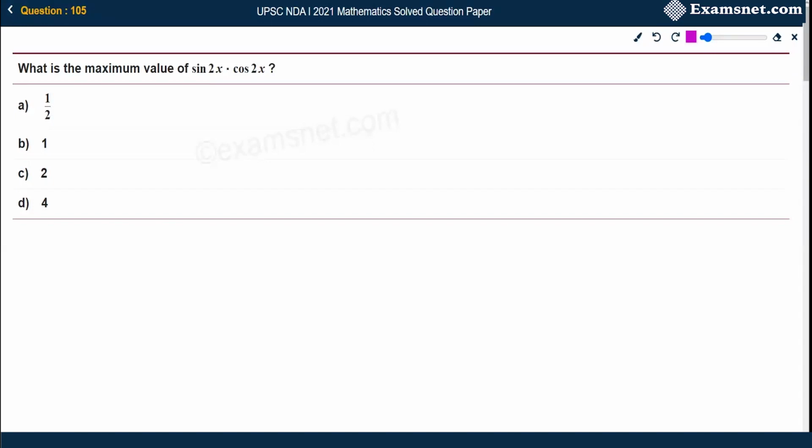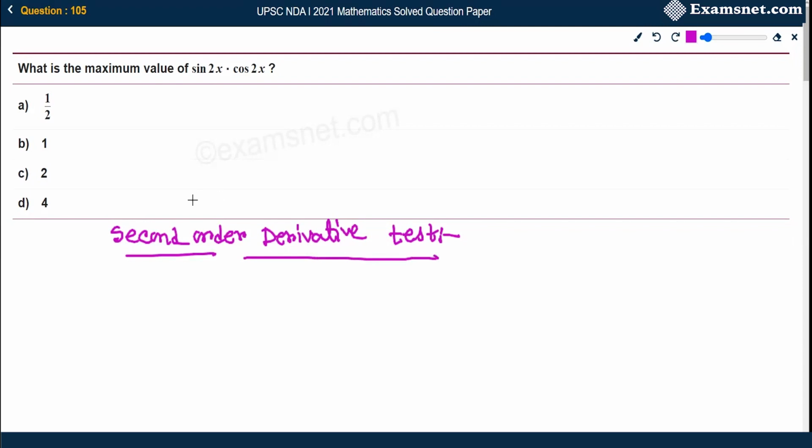In question number 105, it is given: what is the maximum value of sine 2x multiplied by cos 2x? Before we start with the solution, first we will discuss the second order derivative test. Let f be a function defined on an interval.